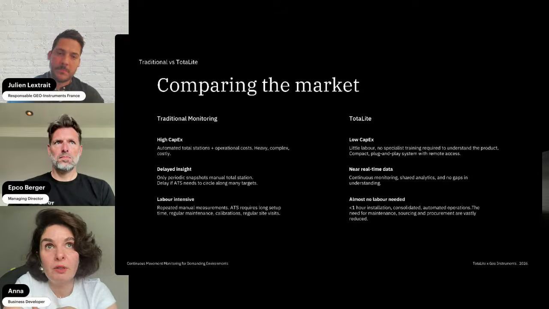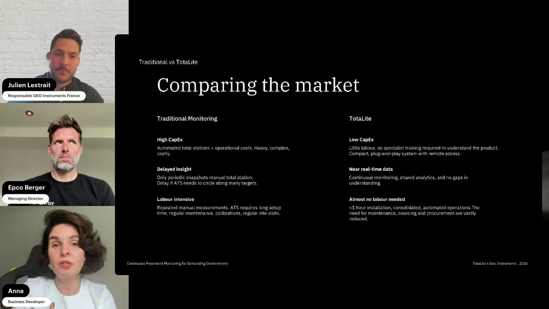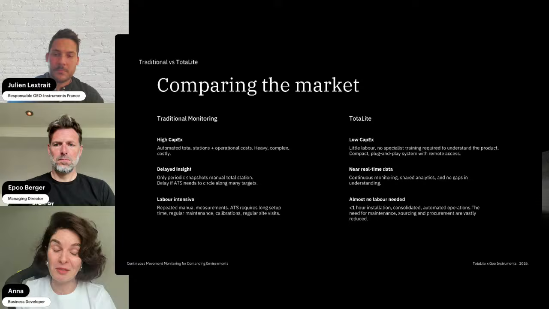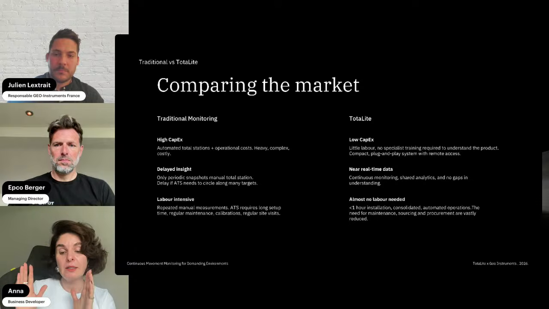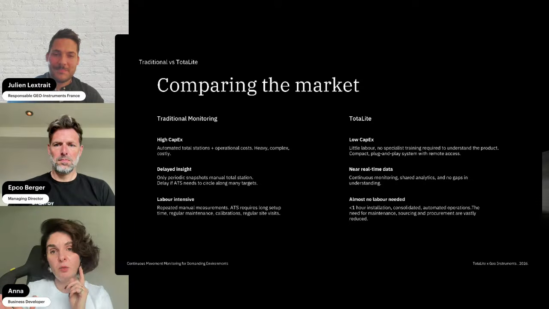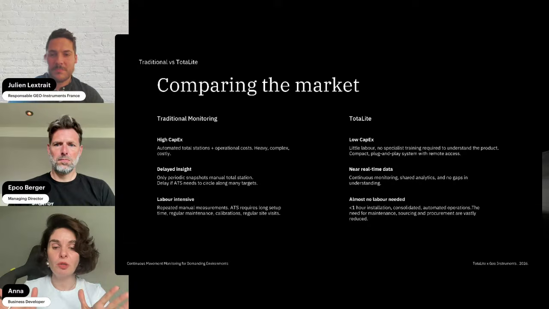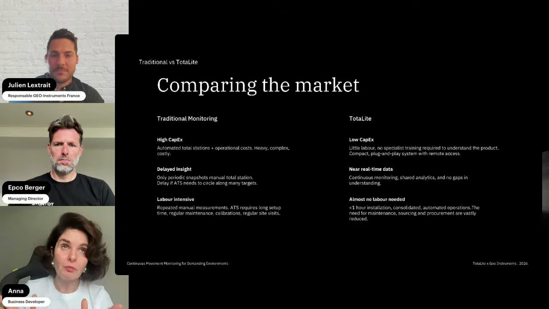Another significant difference between total stations, because even though TotaLite is not a total station, sometimes people compare them, is that a total station provides, in one measuring cycle, one point at a time by laser point. While TotaLite can take a snapshot of several targets, as I mentioned before, around 30, which in some cases can be crucial.